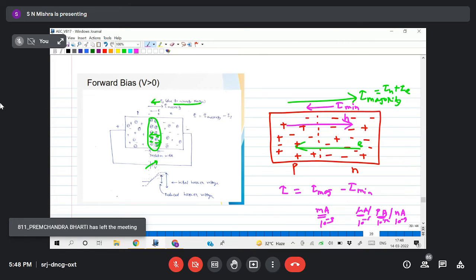But we can neglect those and consider only the majority carriers. Whenever the diode is forward biased, I get majority carriers from P to N side, and the net current direction is also P to N side.